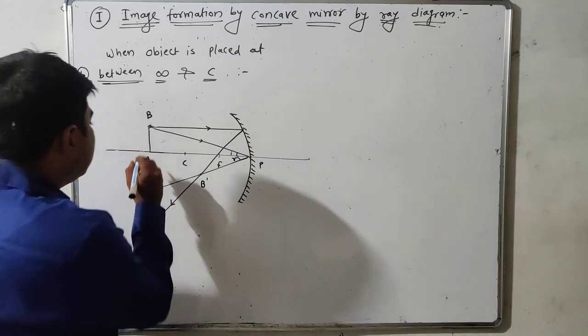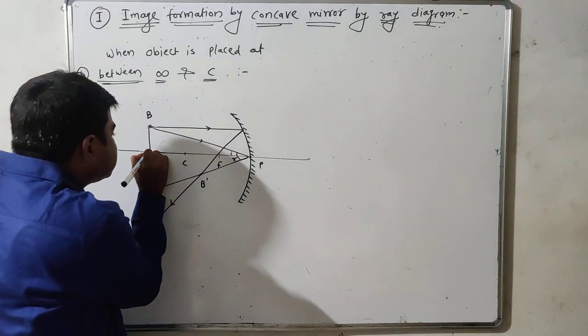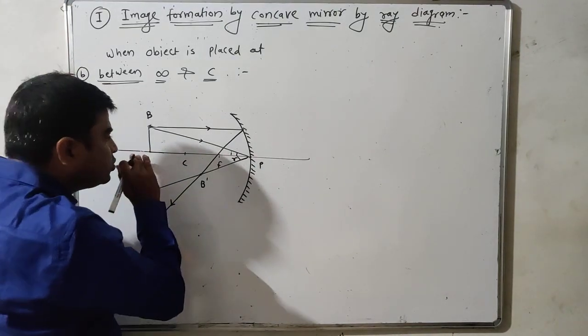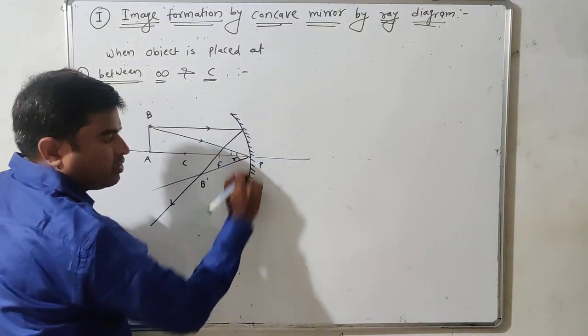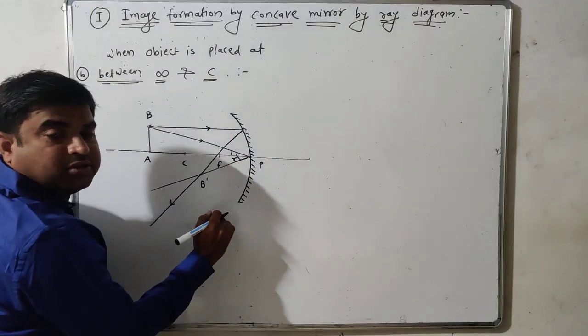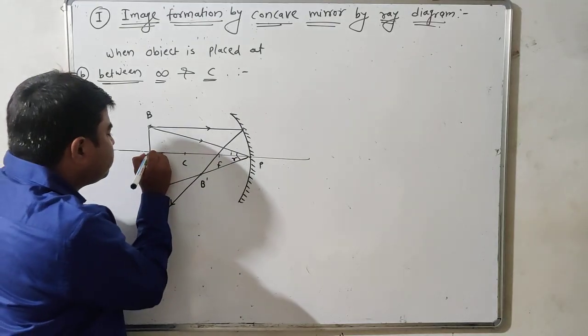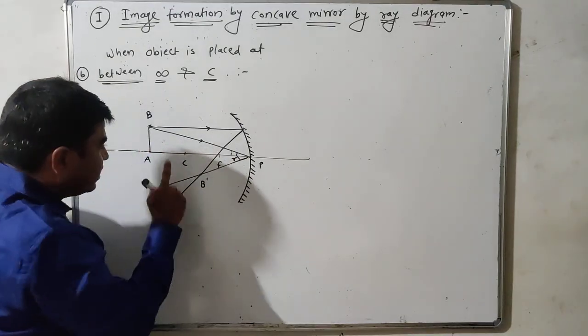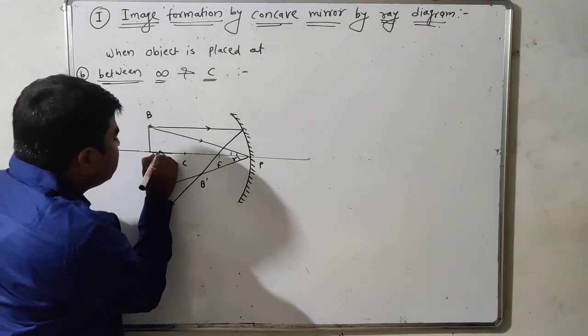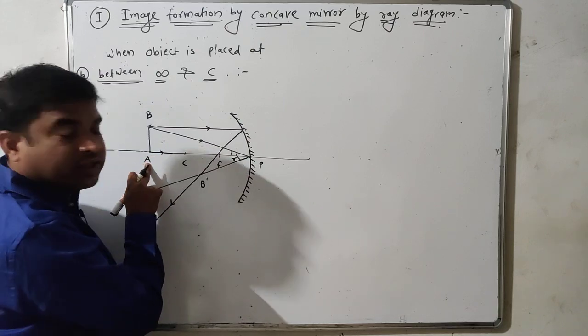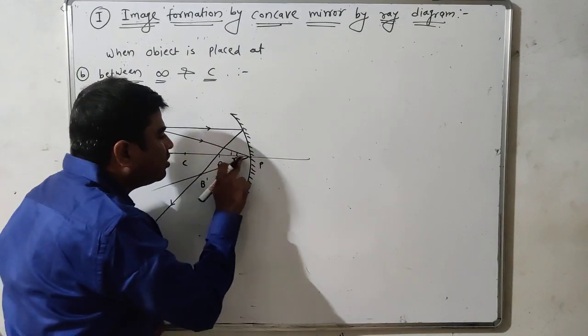Now student, all the rays emitted by the other extreme point A also are incident upon what? The concave spherical mirror. But you can see here that out of all the rays, one ray emitted by point A travels exactly along the principal axis.